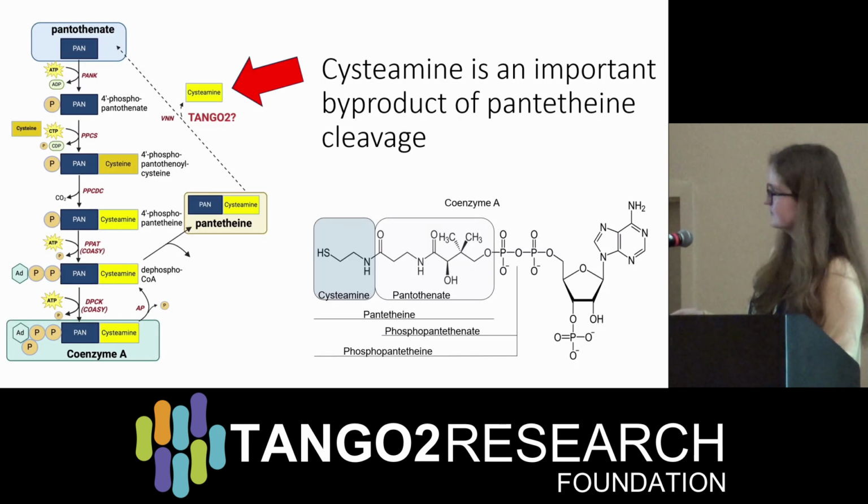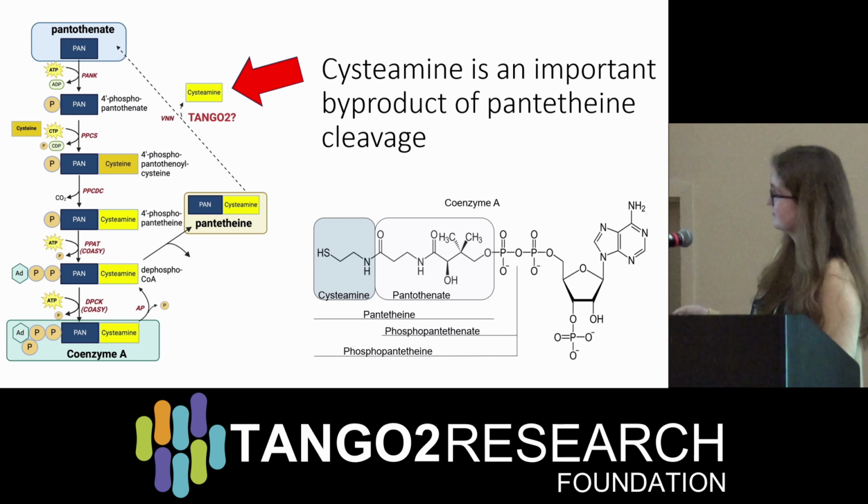Going back to this slide, when this compound is split, like I said before, it gets turned back into B5, but it also generates this other compound called cysteamine that's important in a lot of other metabolic pathways and acts differently than TANGO2.